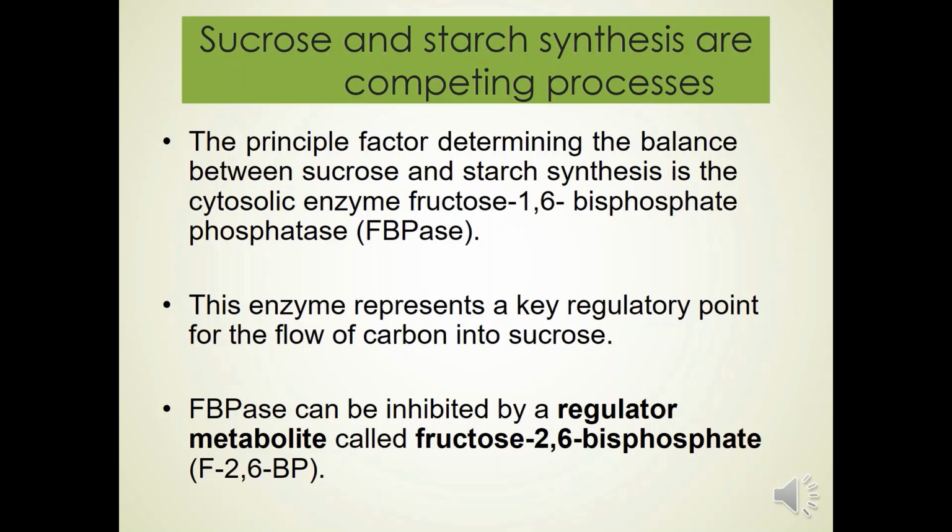The principal factor determining the balance between sucrose and starch synthesis is the cytosolic enzyme that we call fructose 1,6-biphosphate phosphatase, or FBPase. This enzyme represents a key regulator of the flow of carbon into the sucrose.